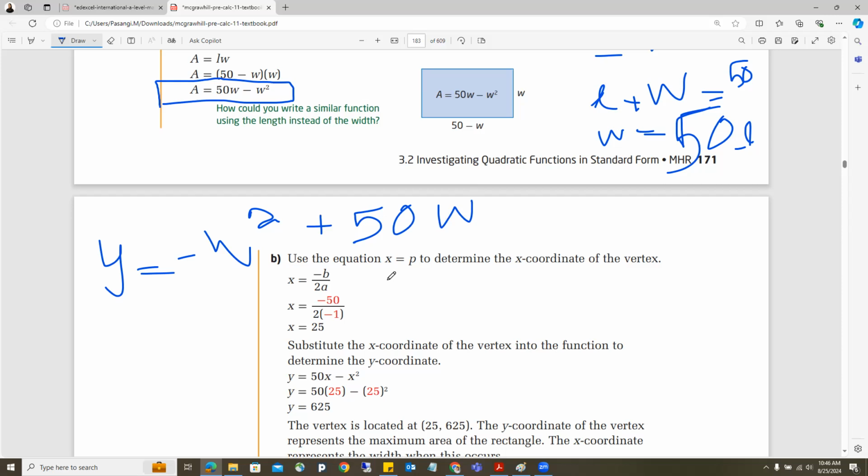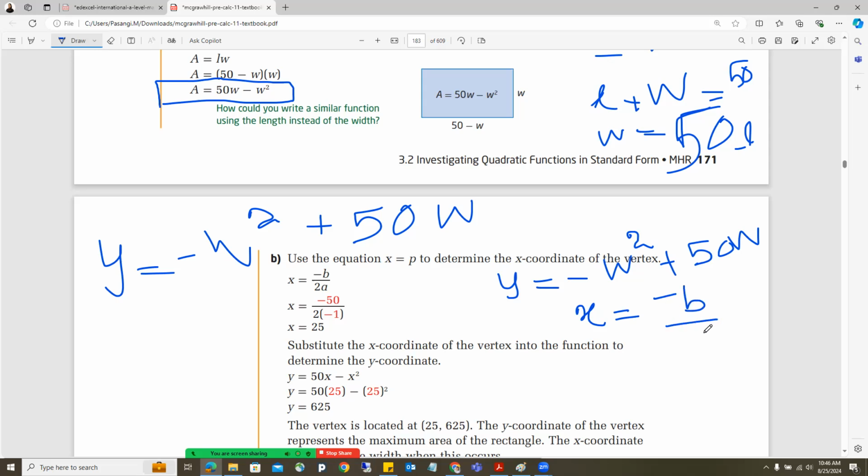Is there another way to do it? You can use the completing the square method as well, but so far they haven't taught that method. So we can use this formula to find the vertex. It would be the easiest way. So x equals minus b over 2a.